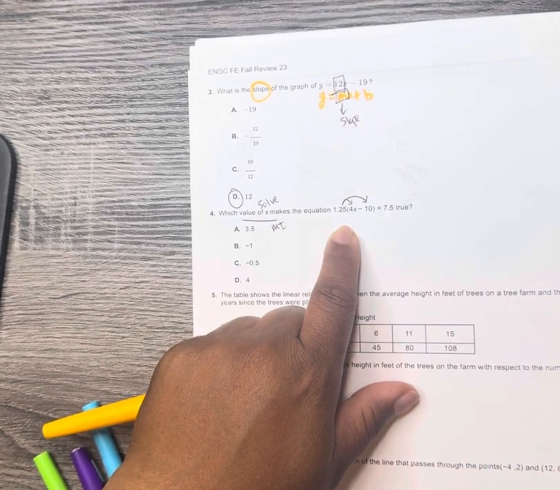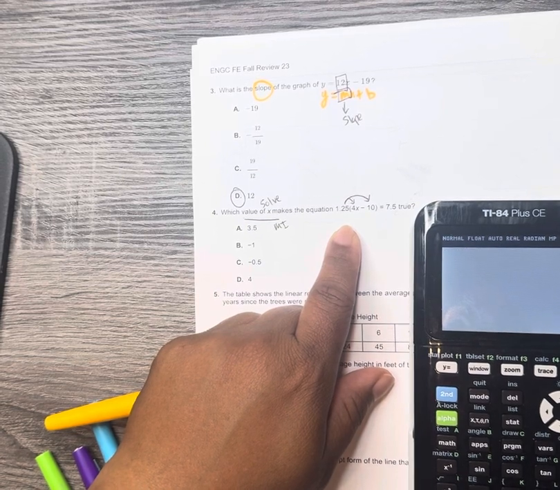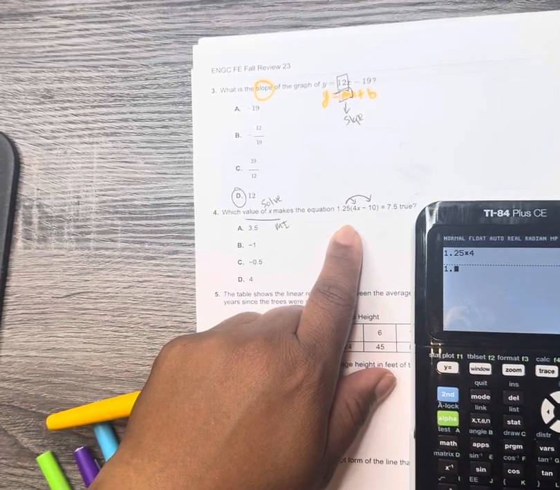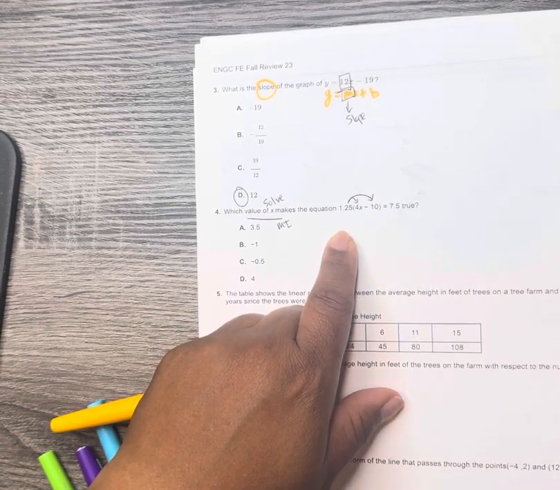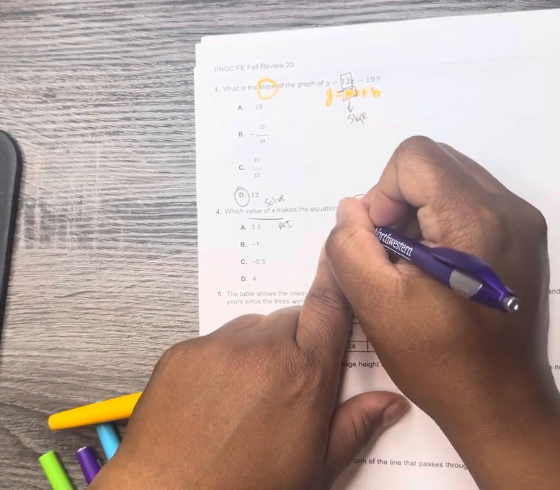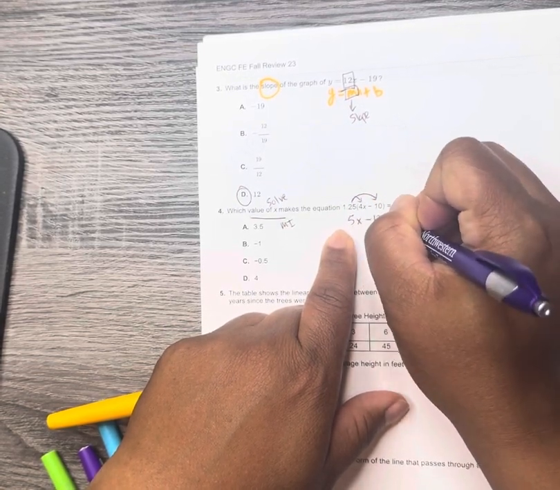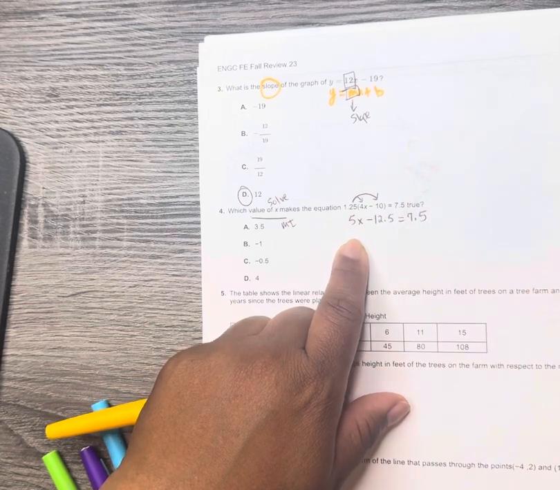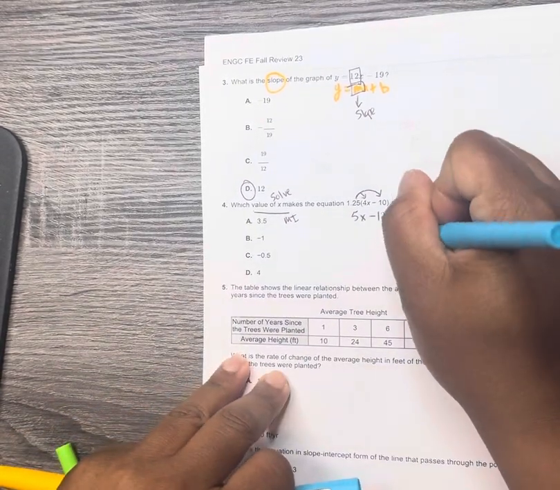So we distribute the 1.25. So 1.25 times 4 is 5. And 1.25 times -10 is -12.5. So we could rewrite this as 5x minus 12.5 equals 7.5. And from here, we have a two-step equation, right?